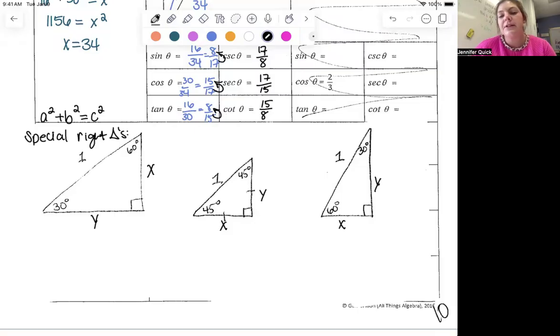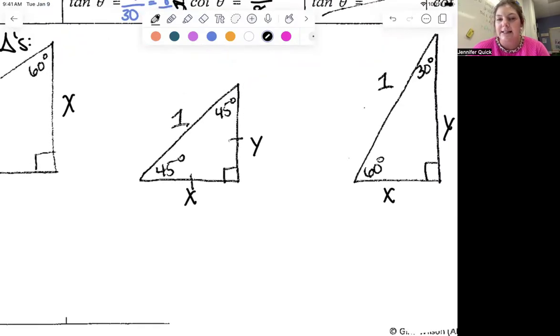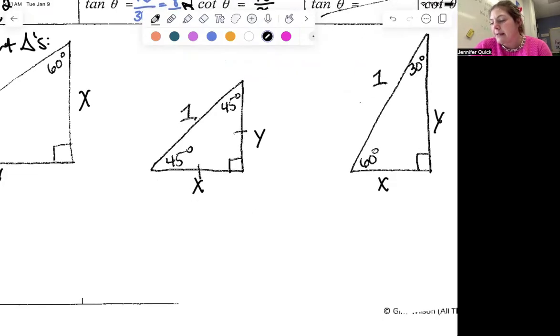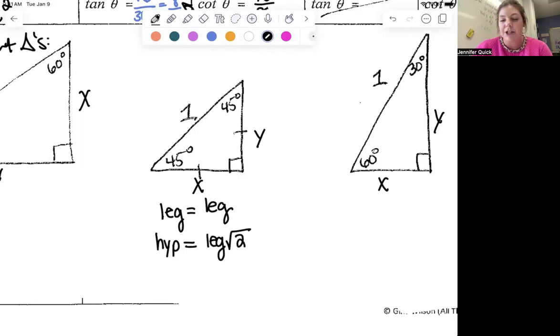Okay, so let's start with the 45, 45, 90, because the 45, 45, 90 triangle is an isosceles triangle, which means that when I find one leg, I will have also found the other leg. Maybe you remember that the leg is equal to the leg, and then the hypotenuse is equal to the leg times the square root of 2.